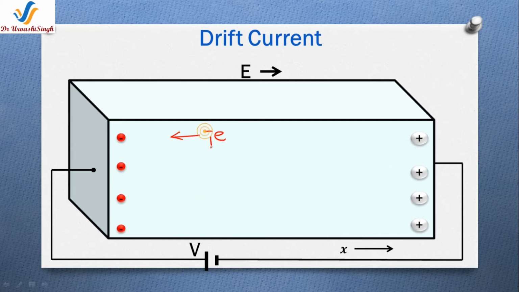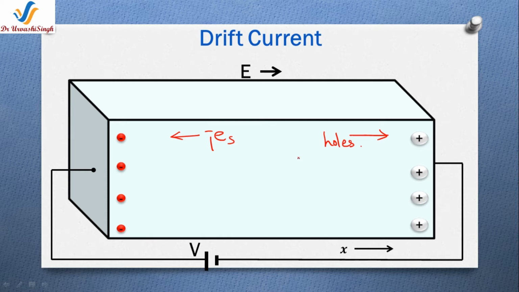So these are the electrons and these are the holes. So you can see, in effect of the electrical field, the charge carriers will move. And this movement of the charge carriers can cause the current to conduct in this silicon bar.